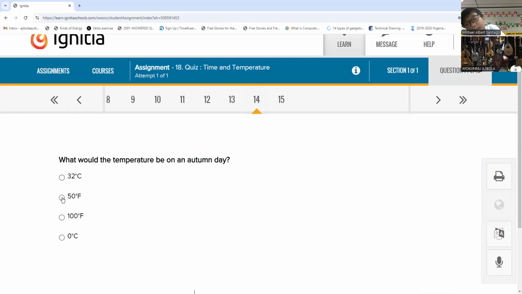Oh, right. 100 Fahrenheit will be 37.8 degrees C, and 0 degrees C is the same as 32 Fahrenheit. There's no 0 Fahrenheit here, fine. 0 degrees C is freezing.